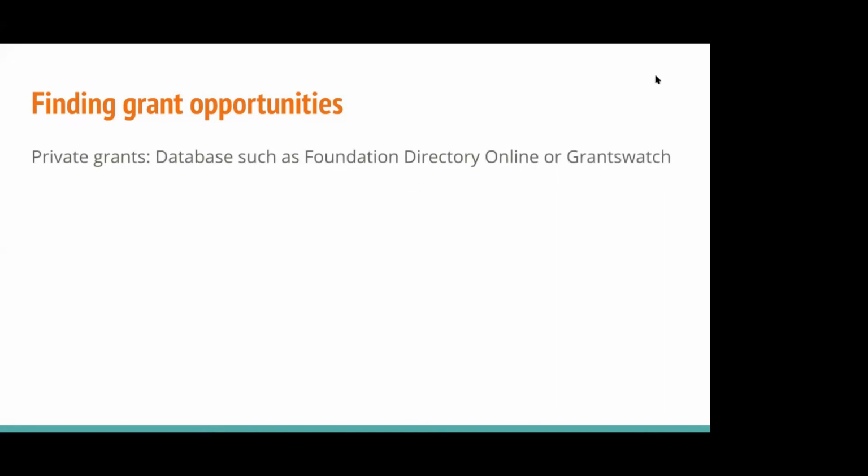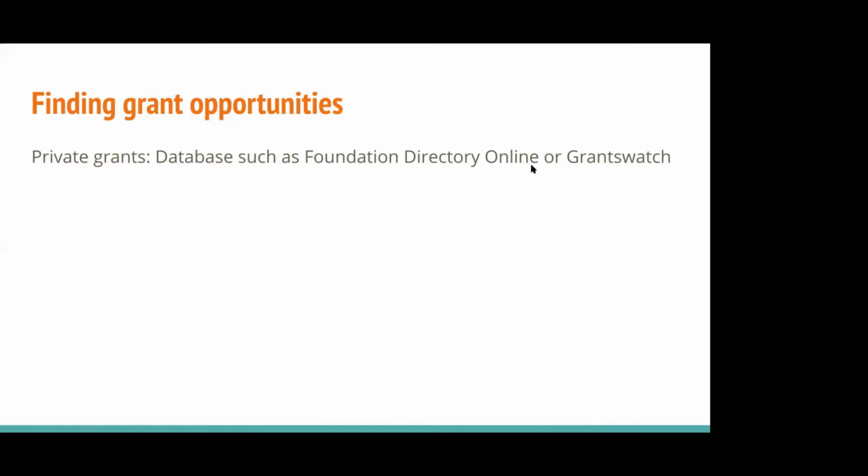So for example, say you are looking for a charitable grant, also called private grants. There are two databases that are available for a subscription cost. One of them is Foundation Directory Online, and the other is GrantsWatch.